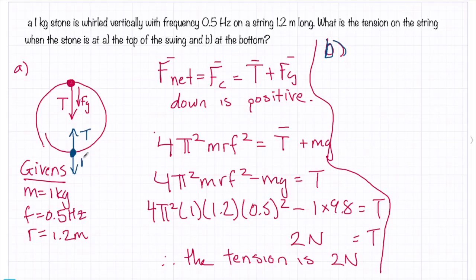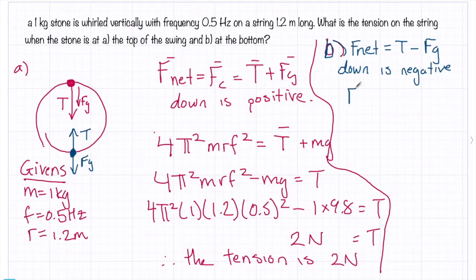The force of gravity is pointing down. And so our Fnet statement is going to look like this. So now I'm going to make down negative again. And my centripetal force, or my Fnet, is in the upward direction this time because you can see that it's starting to swing upward on its journey.